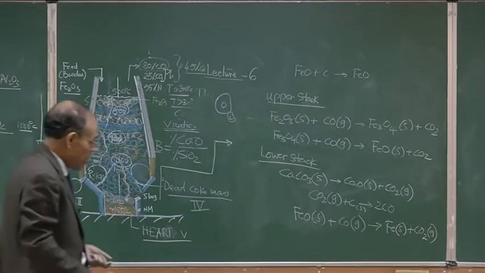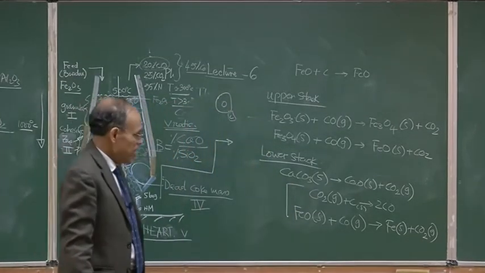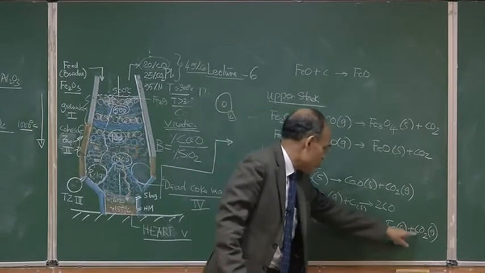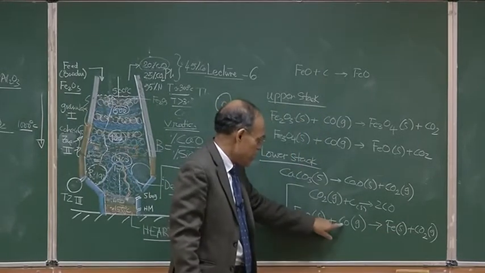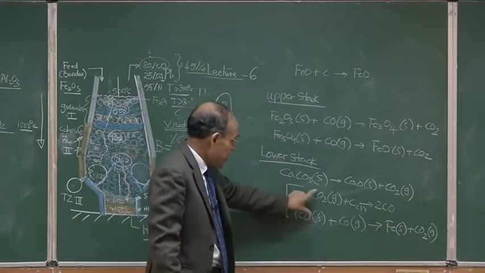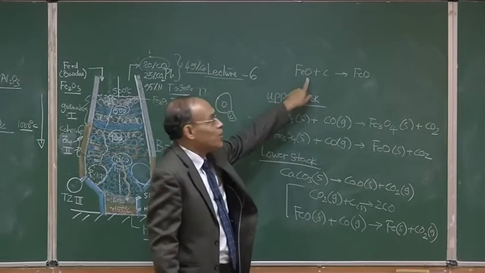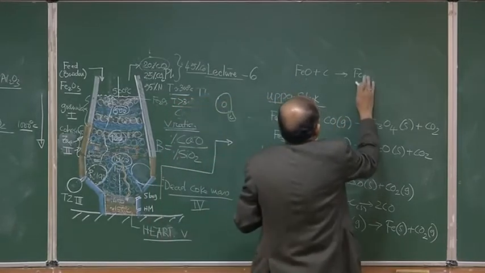You must understand here that if you combine these reactions together, this carbon dioxide and this carbon dioxide will cancel out, this carbon monoxide and this carbon monoxide will leave some carbon monoxide here, and then we can say this reaction plus this reaction becomes equivalent to this particular reaction.